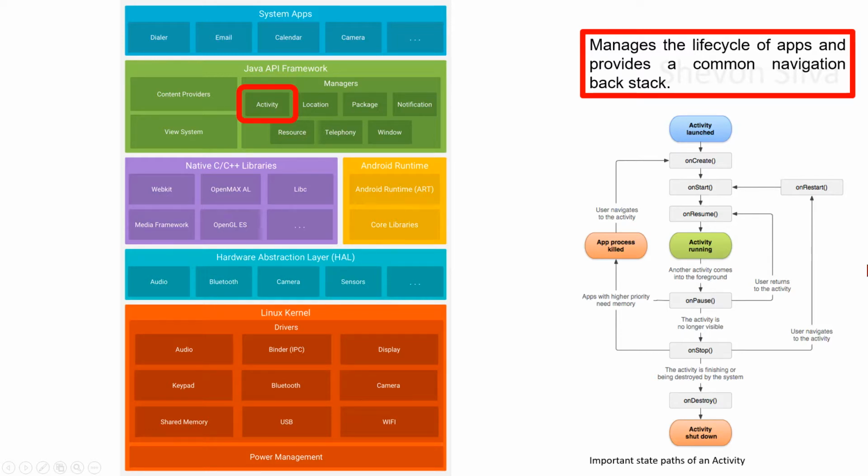Between these two methods, you can maintain resources that are needed to show the activity to the user. For example, you can register a broadcast receiver in onStart to monitor for changes that impact your UI and unregister it in onStop when the user no longer sees what you are displaying. onStart and onStop methods can be called multiple times as an activity becomes visible and hidden to the user.